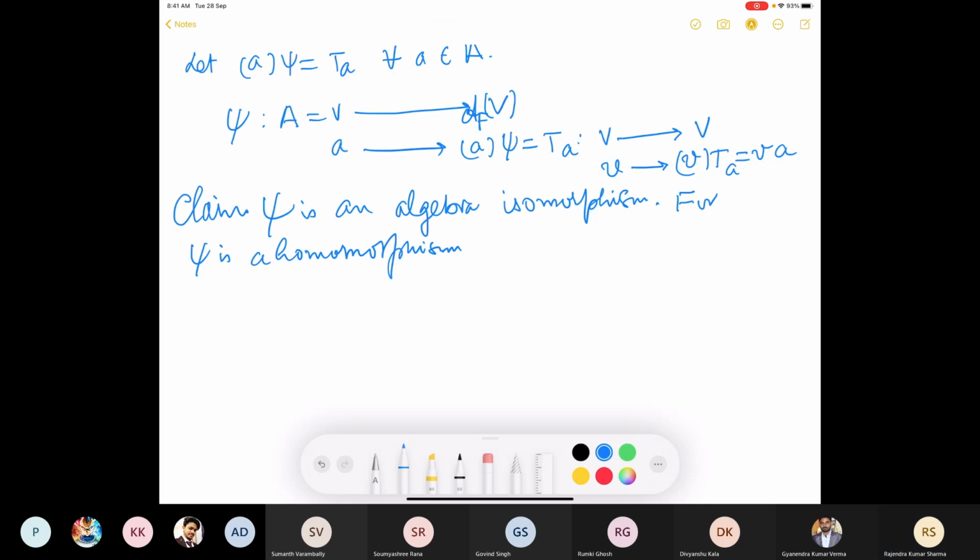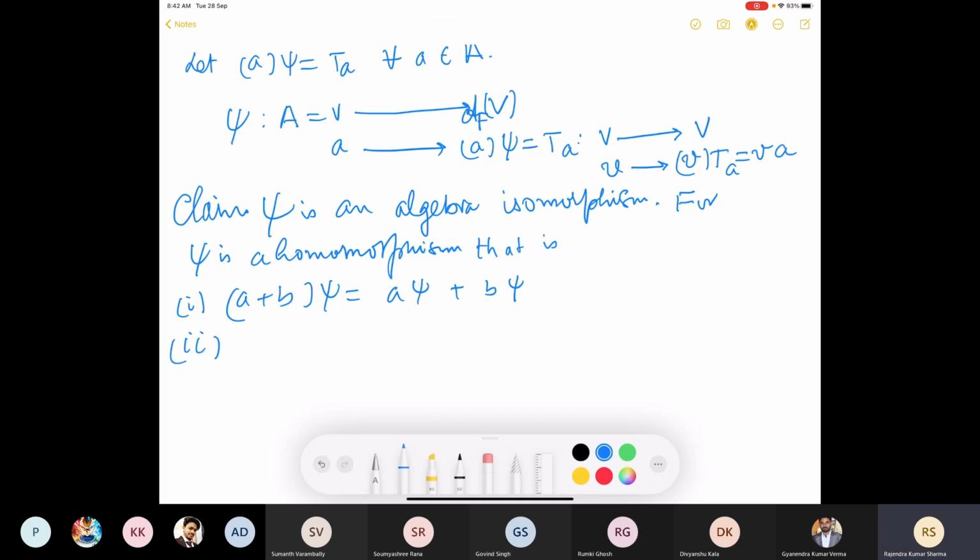First of all, as you can see, number one. It should be a homomorphism as a vector space and as a ring also a homomorphism. So as a vector space, it has to be a homomorphism, meaning it should preserve sum as well as scalar multiplication. So it preserves sum means (a plus b) psi is a psi plus b psi.